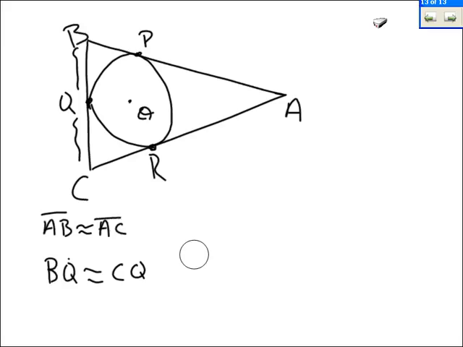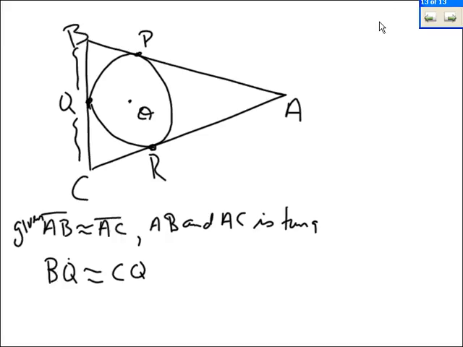And AB and AC are tangent to the circle. AB, so this is given. You're given that AB and AC are tangent to circle O at P and Q, respectively.